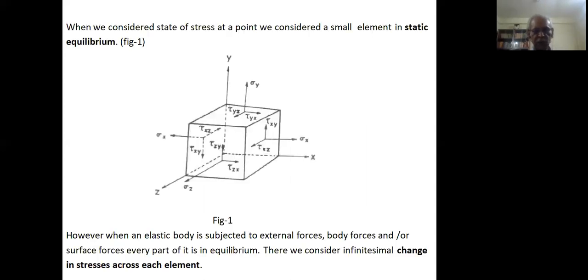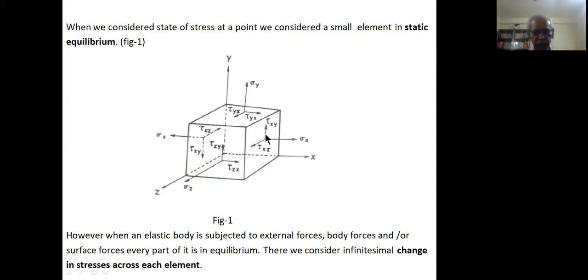If we look at figure 1, it gives the state of stress at a point, considering a small element, and the stresses shown here balance each other on all sides. For example, if you look at the left-hand side of this cube, you have got sigma x going from right to left, sigma xy going downward, and sigma xz going towards the origin.